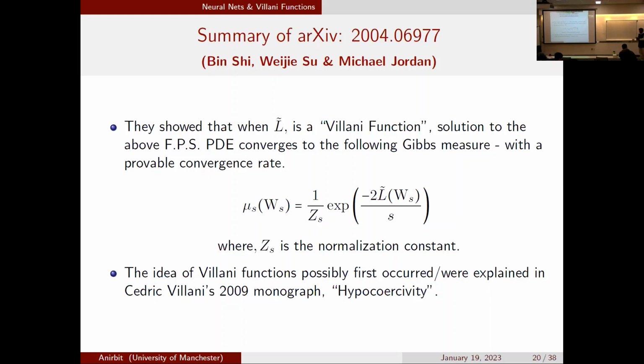Maybe it's a very technical point, but convergence to the Gibbs measure does not depend on the assumption of Villani-ness. It's the rate computation which really depends on the Villani-ness. And to the best of my knowledge, this idea of a Villani function first appeared in Cédric Villani's 2009 monograph called Hypocoercivity. This is probably the first place where this was pointed out. And these guys figured out how to use it right in the SGD context.